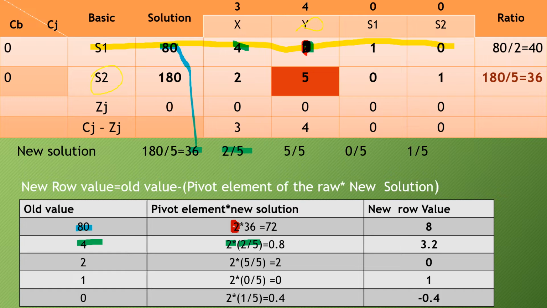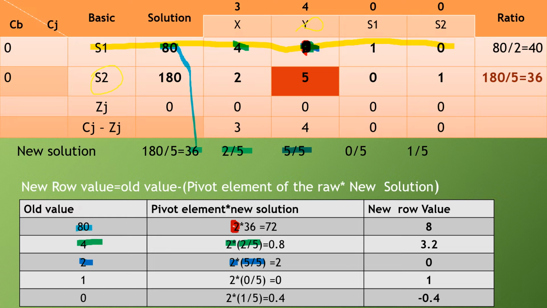Let's see the third one. In the third one, the old value is 2, which is the same as the pivot element value. So we are going to take 2 and multiply it with the new solution value, that is 5 divided by 5. Then the next one.